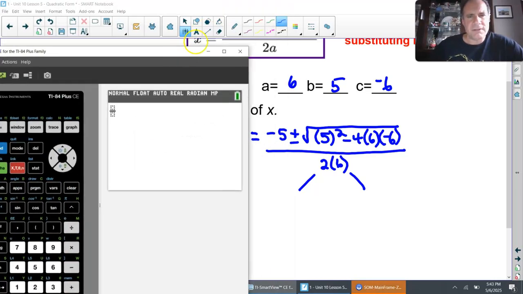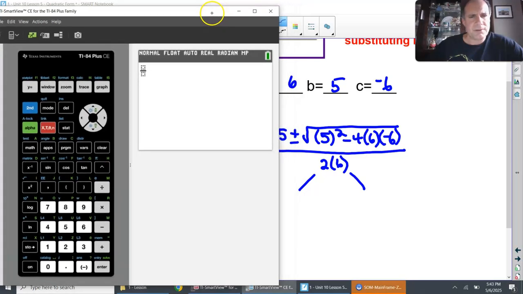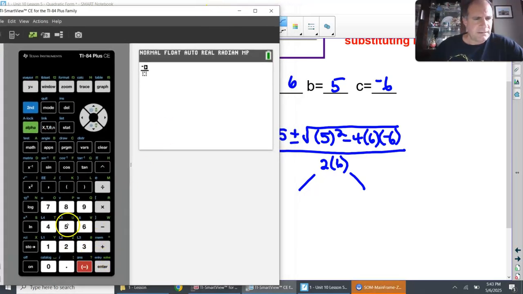This is now negative 5, so I'm just going to put this over here, negative 5, and then we're going to do the plus first, square root, and we got 5 squared minus 4 times 6 times negative 6, all over 12. 6 times 2 is 12.